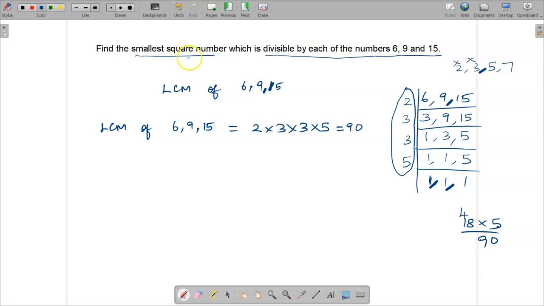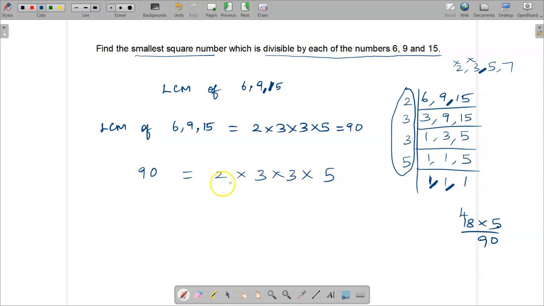But whether it is a square number, that we have to determine. So the second step: 90 is divisible by 6, 9 and 15 definitely. By using the LCM we have determined the number 90. But whether this number is a square number or not, that we have to check. So I can write 90 as 2 into 3 into 3 into 5.